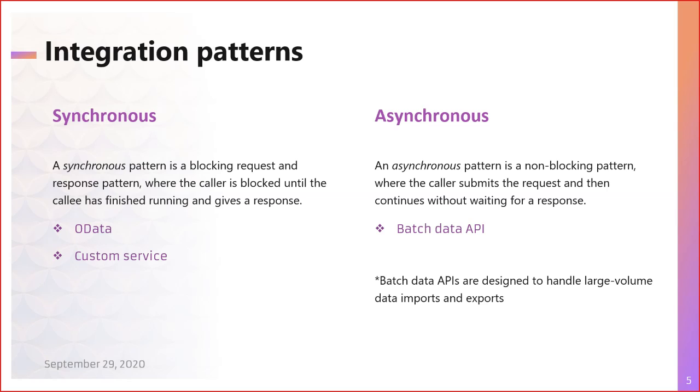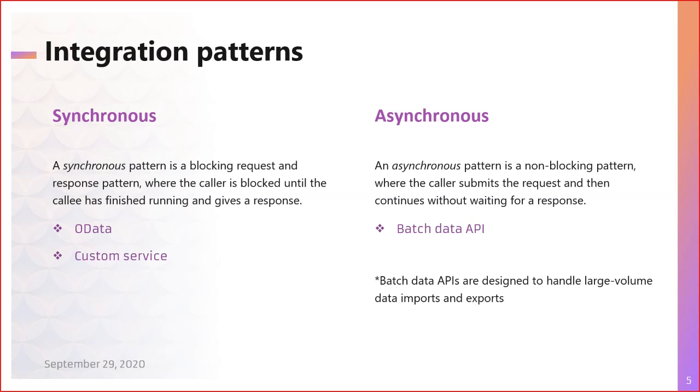As we talked about in previous slides, custom web services and OData are synchronous patterns. You make a call to finance and operations using OData and custom web services, and it puts you into a blocking state until a business process, a business logic, triggers and performs the action for you.